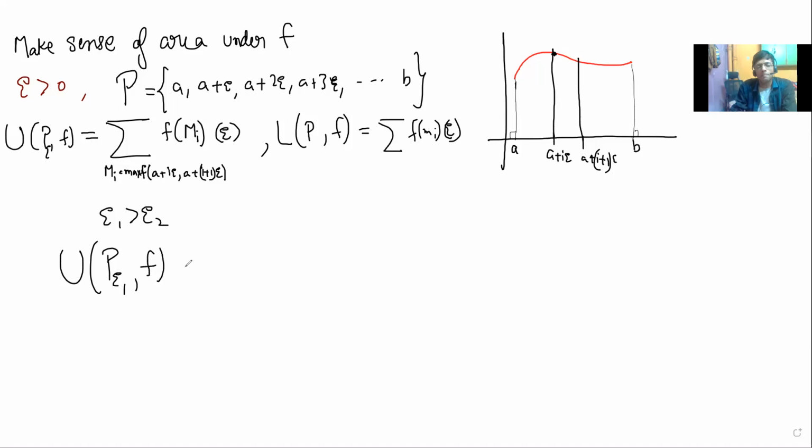So as you decrease the epsilon, what will happen to the upper sum? It's going to decrease, right? But it will obviously be bigger than the corresponding lower sum.